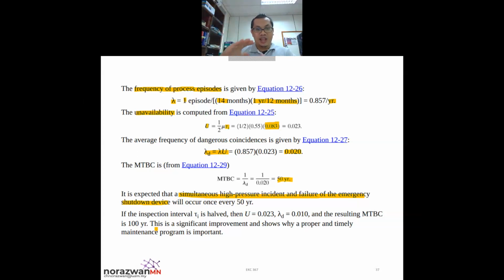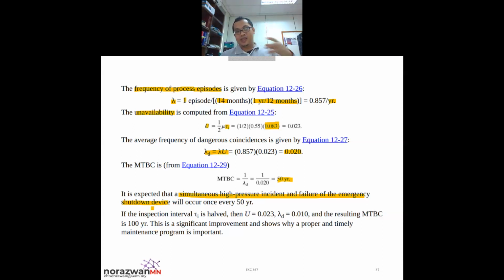You can see the difference between when you conduct frequent inspection and when you just have a long duration for your inspection. From 50 years, maybe your plant never has any failures, to 100 years.